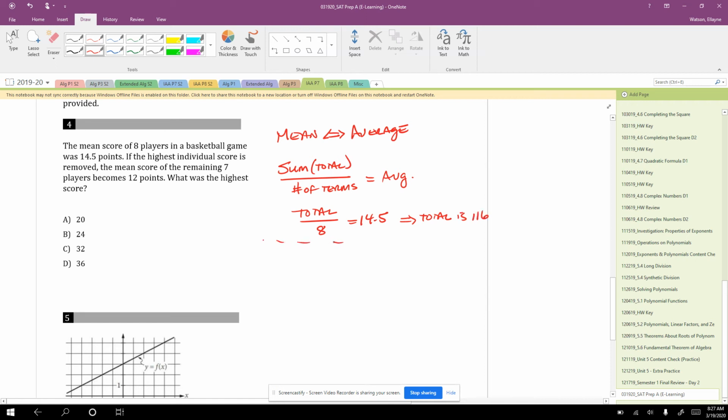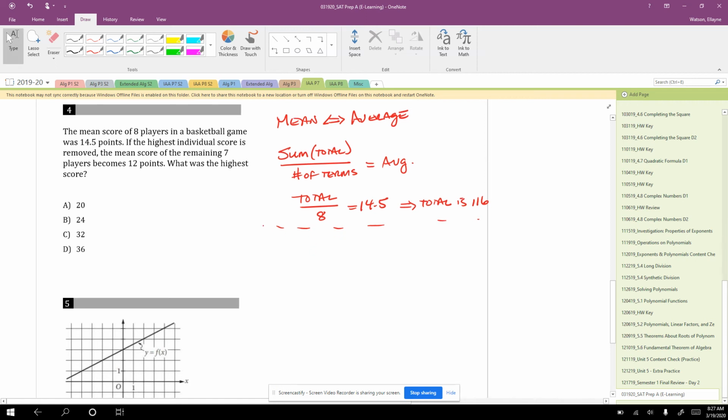Now let's do that when the highest score is removed. So now it's the total divided by 7, because now there's only 7 players, and then the mean went down to 12. That means that the total is now 7 times 12, which is 84. So these are our 2 key numbers, 116 and 84.